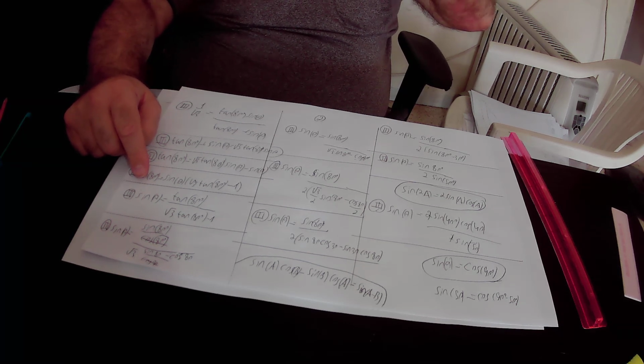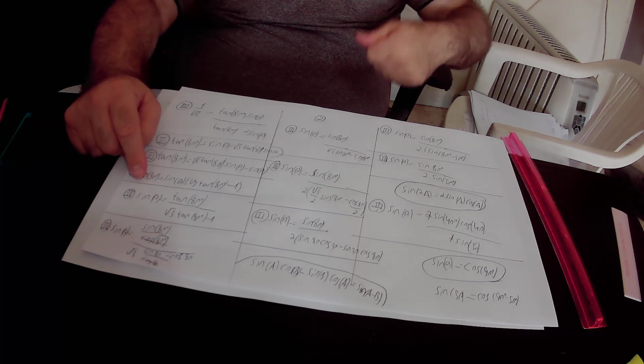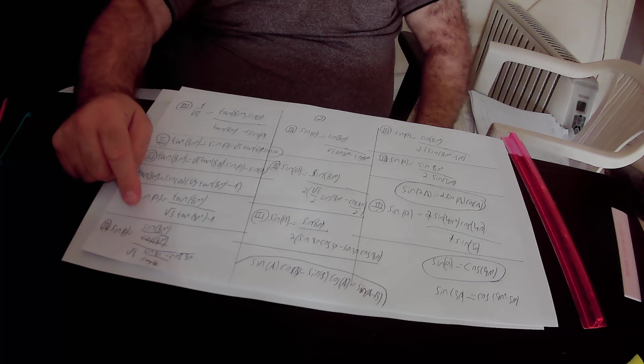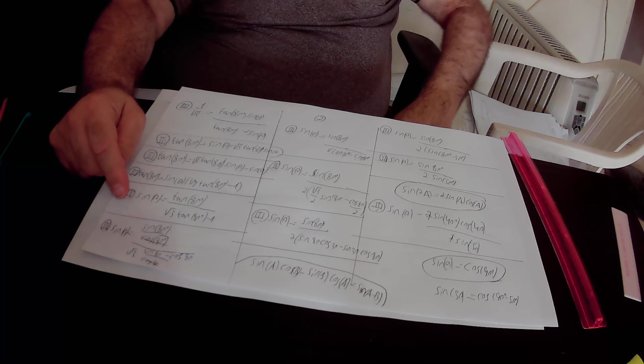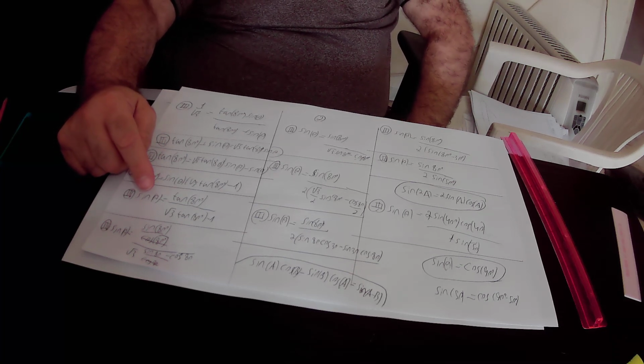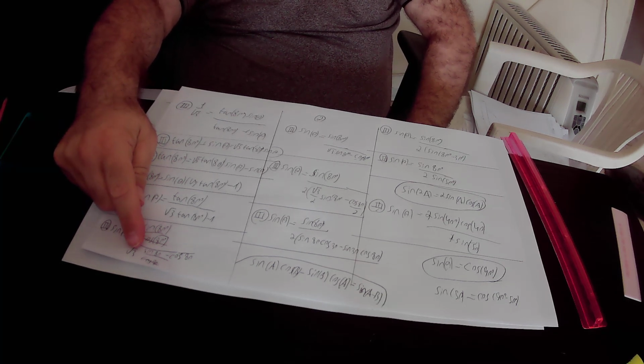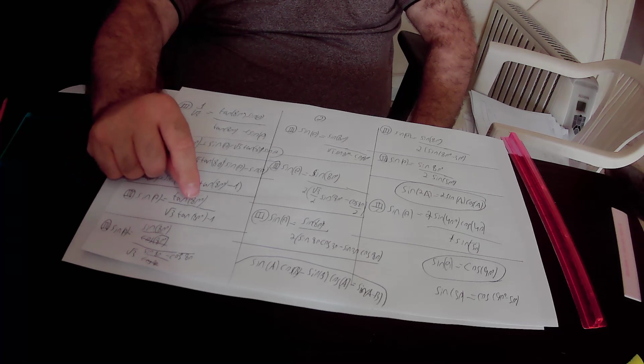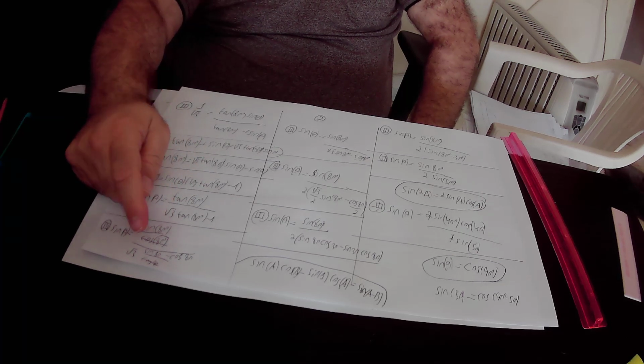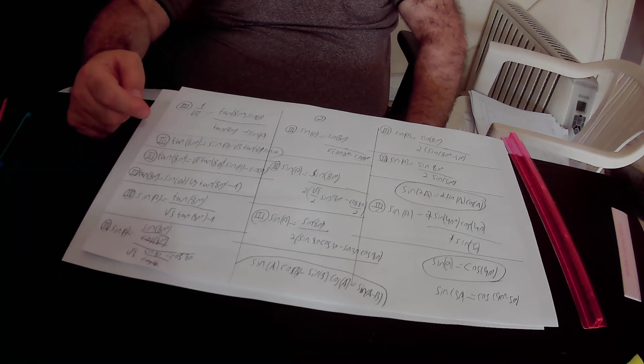Then we substituted tangent 80 degrees by sine 80 degrees over cosine 80 degrees. So tangent 80 degrees is sine 80 degrees over cosine 80 degrees, over square root of 3 times tangent 80 degrees, and we substituted minus 1 by minus cosine 80 degrees over cosine 80 degrees.